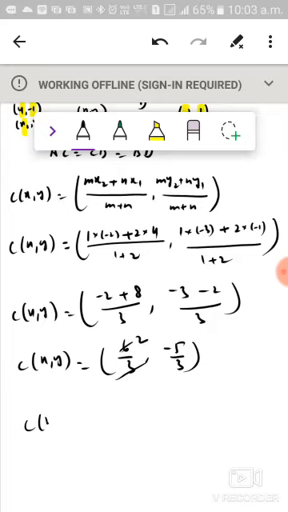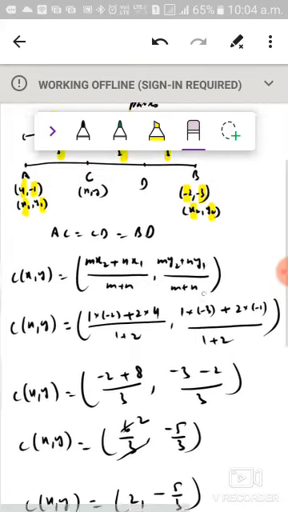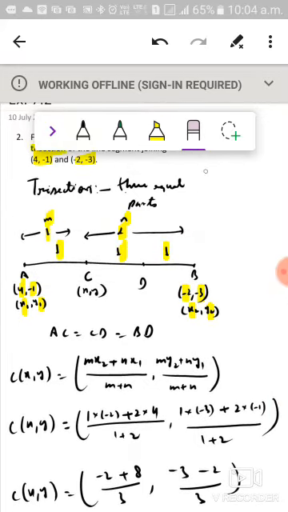So C, x comma y, equals 2 comma minus 5 by 3. So I got the coordinates of C, that are 2 comma minus 5 by 3. So in our figure, let me write here, C is 2 comma minus 5 by 3.